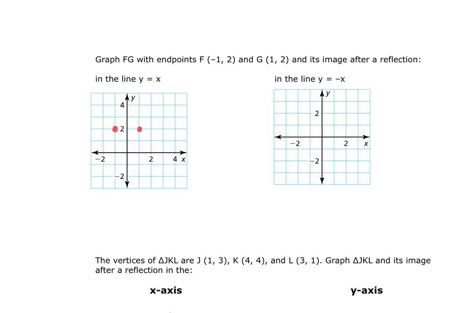So we have 1, 2, which is G. Negative 1, 2, which is F. Okay, I'm going to connect those two together, and that's segment FG. We're reflecting that entire segment over a line. The line that we are reflecting it over is the line y equals x.